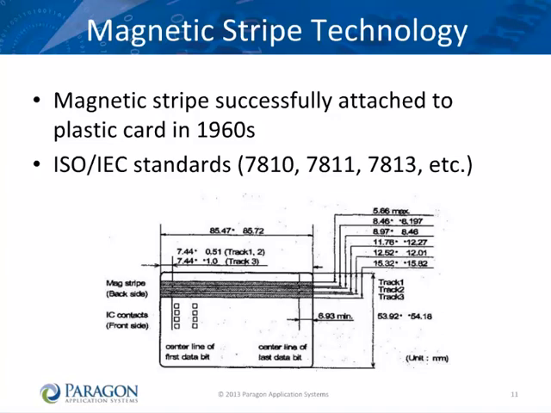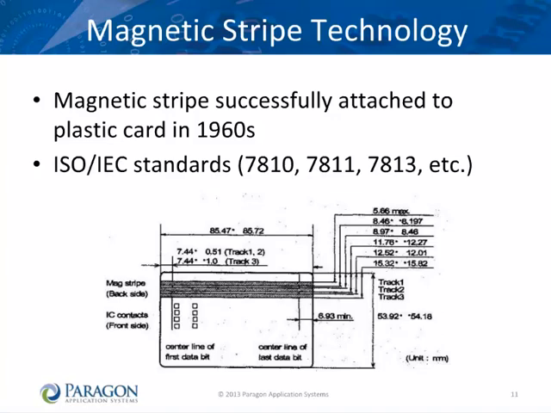The ISO IEC 7813 standard was established, which defines the data structure and the content of magnetic stripe track data. Issuers were then able to include the PAN and other data in that magnetic stripe, and terminals were produced that could read the magnetic stripe.